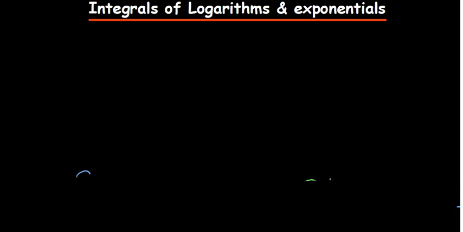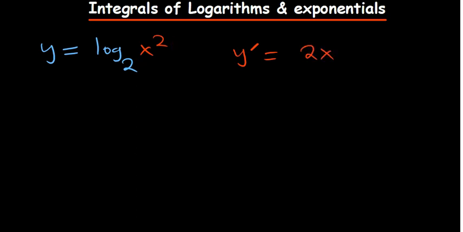Now just one more example that we'd have to look at under logarithms. What about a case where you have a base, let's say log base 2 of x squared? In such a case, we know that our y prime, again, is the derivative of what is attached to the log, which is 2x, divided by the actual function itself multiplied by the natural log of the base.